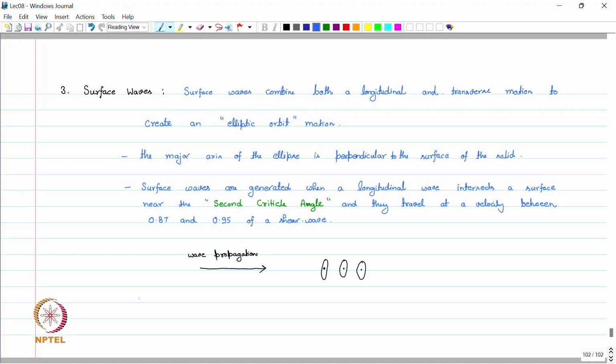These waves are useful because they are very sensitive to surface defects.